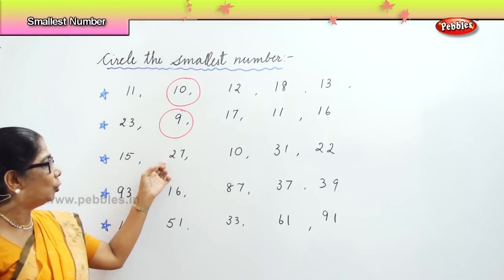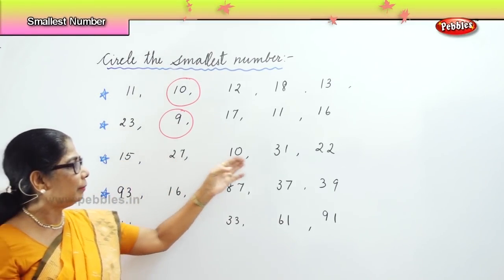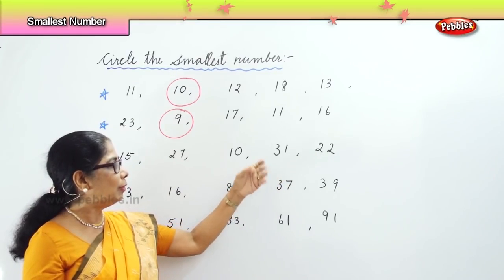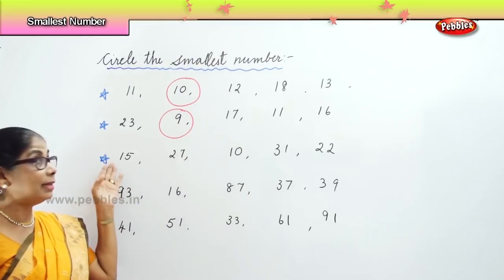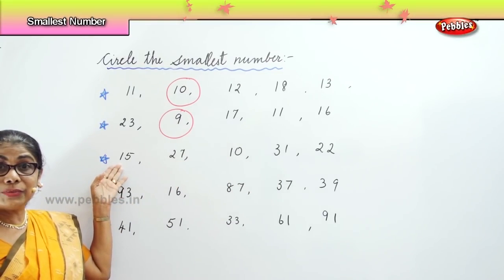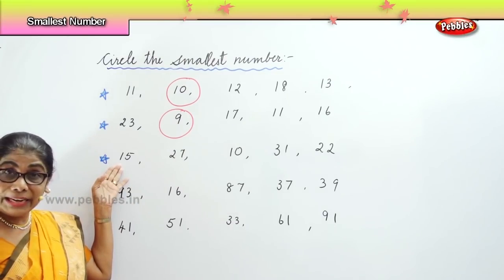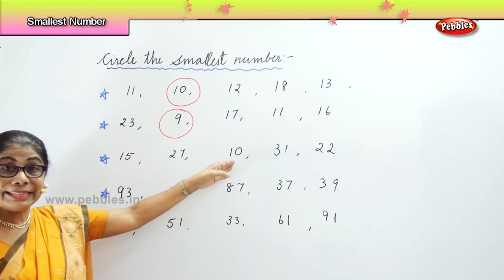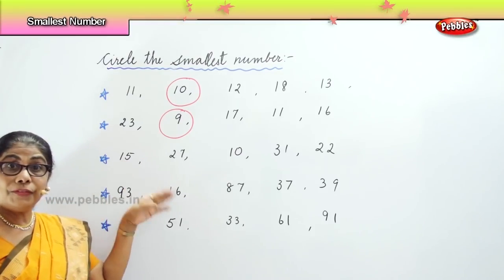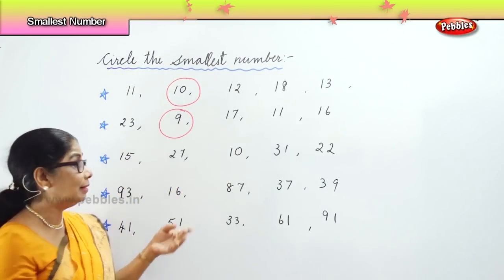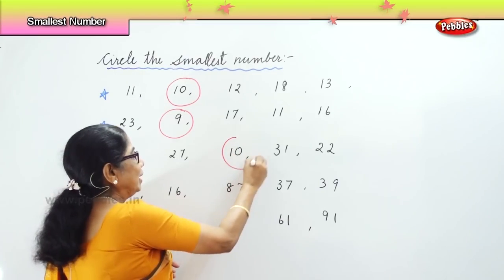In the second lot, you got 27, 2, 7, 2, 2. Then you have 30s, 20s, then you have 15. So which is the smallest here? Definitely 10, because 10 comes first, then 15, then the 20s, then the 30s. Very good.